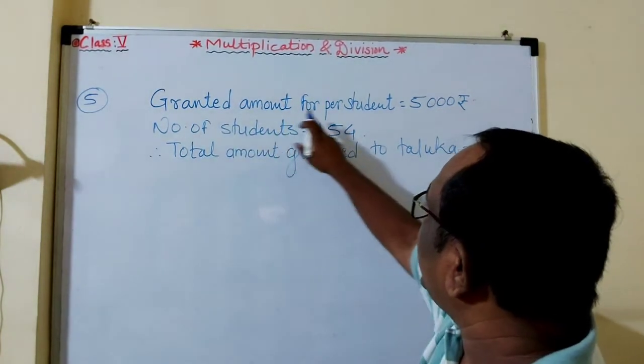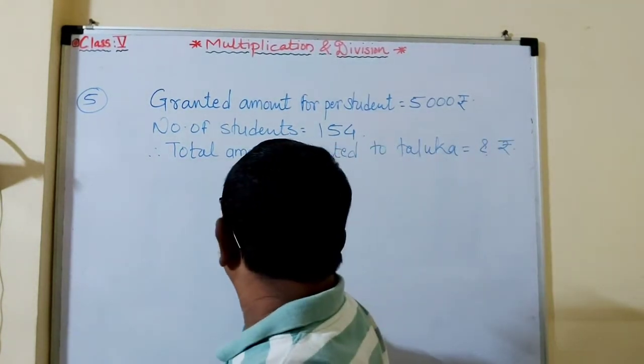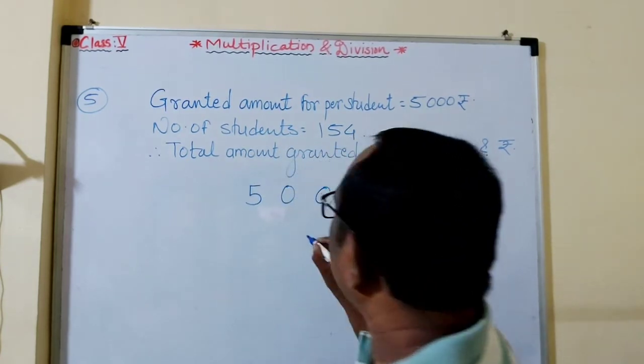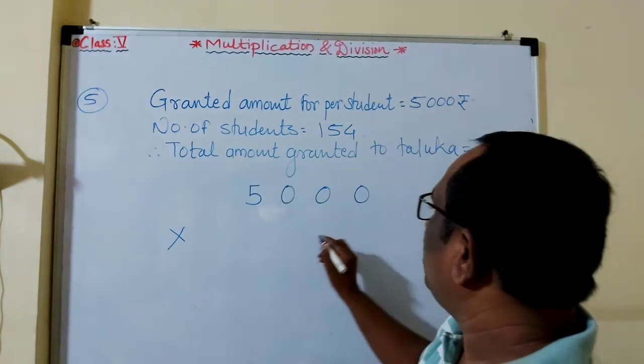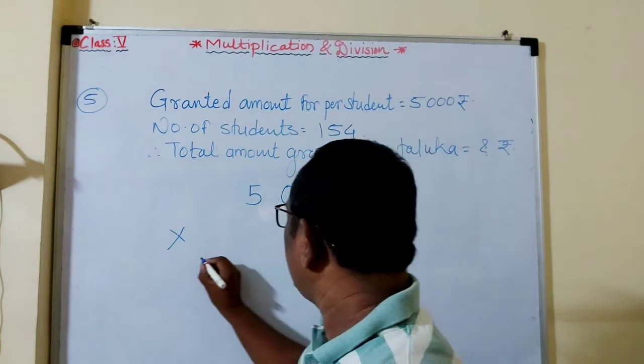So granted amount per student, that is 5,000 rupees, multiplied by number of students, 154.